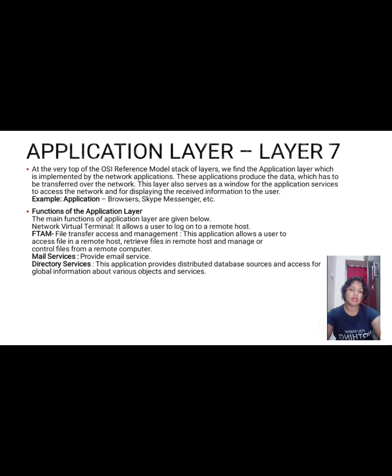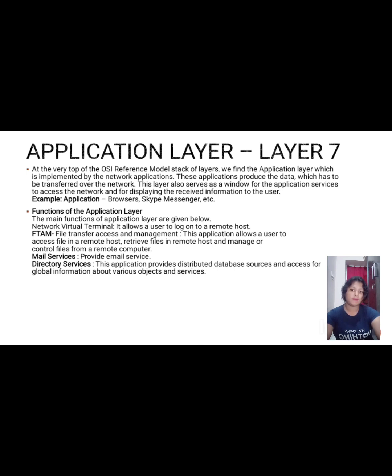Application layer, it is the seventh layer. At the very top of the OSI reference model stack of layers, we find the application layer, which is implemented by network applications. These applications produce the data which has to access the network, and display and receive information for the user.